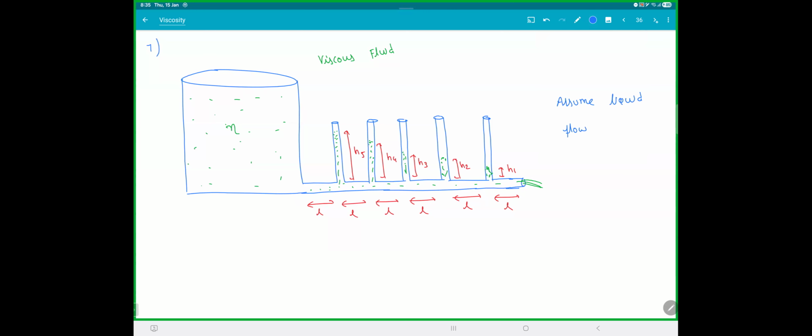Find the relation between H1, H2, H3, H4, H5. Just give it a try.